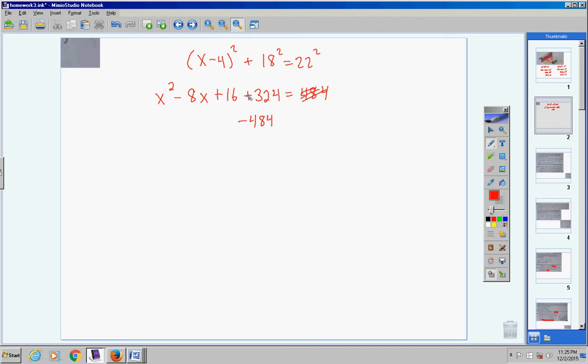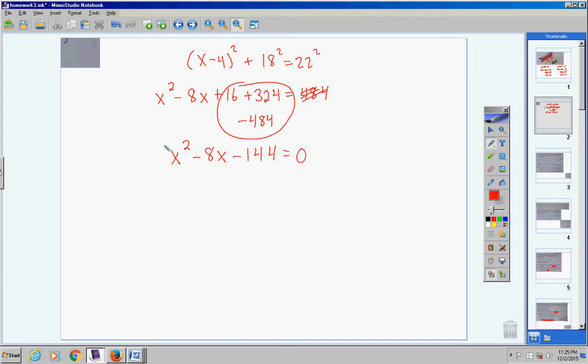Using a calculator, I'm going to combine these three numbers quickly. 16 plus 324 minus 484, negative 144. So I have x squared, negative 8x, and when I combine these three numbers I got negative 144. And on the right side, I'm left with 0.